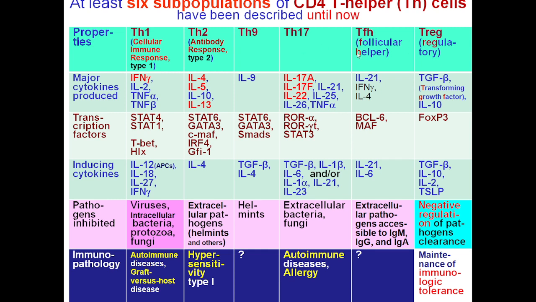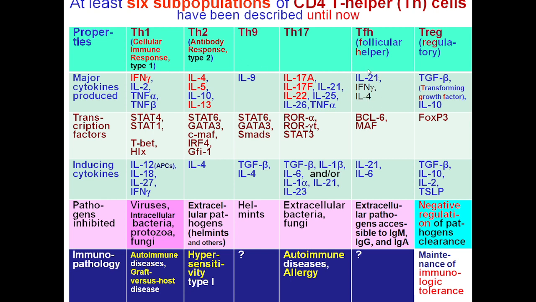T follicular helper produces cytokines that are usually produced by other types of helpers. It means T follicular helper produces interleukin 21 that typically is produced by helper 17. T follicular helper secretes interferon gamma typical for helper type 1 and interleukin 4 typical for helper type 2.